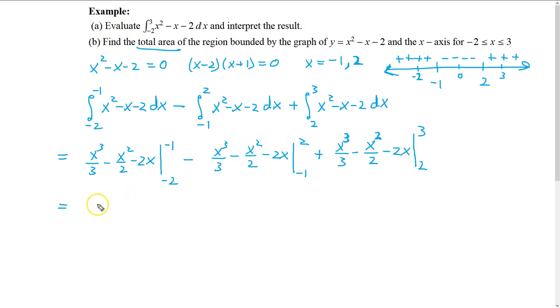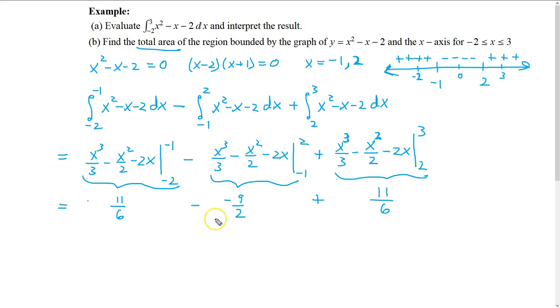So what you're going to get then is, for the first term here, 11/6. The second term here is going to be minus, this is -9/2. And then finally plus the third term here, that is also 11/6.